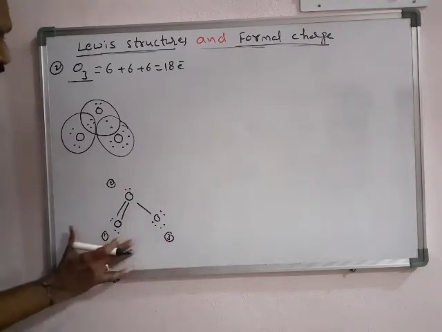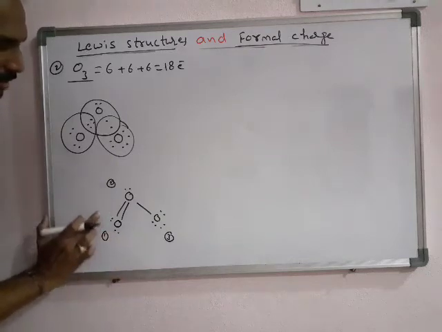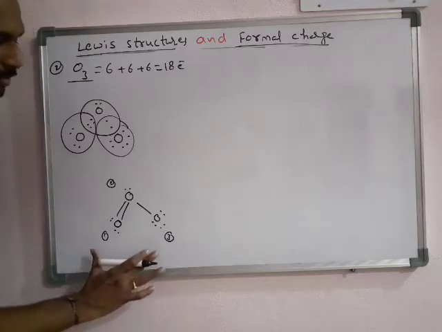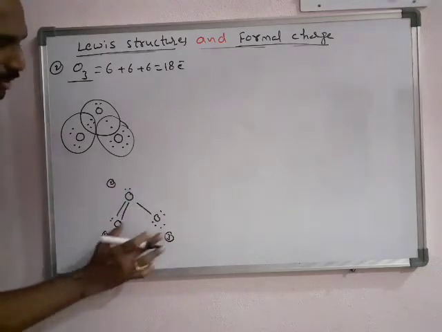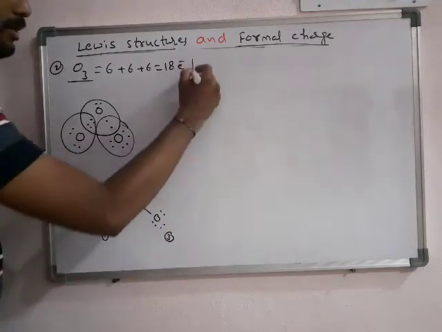Now with the help of the Lewis structure, we calculate the formal charge of the 3 oxygens individually. Remember that the formal charge can be calculated only by writing the Lewis structure of that particular molecule.